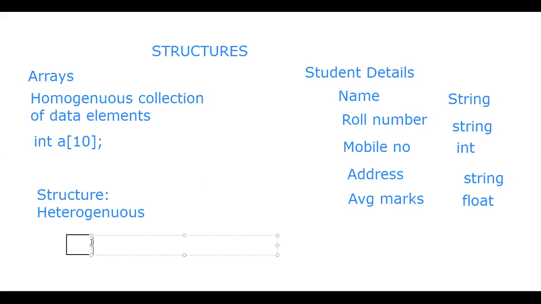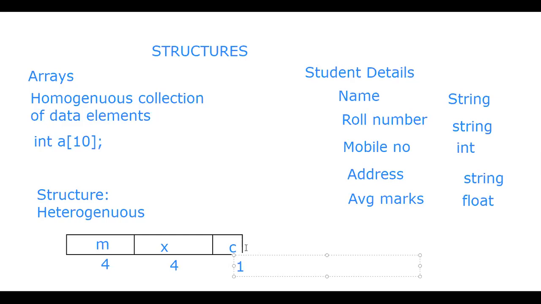The structure will store M integer here, and then X is a float, it will store here, and C is a character, it will store here. So it will store like this. Here we have 4 bytes for integer and 4 bytes for float and 1 byte for character. So totally it takes 9 bytes for structure. If it was a structure, it would have taken 9 bytes.